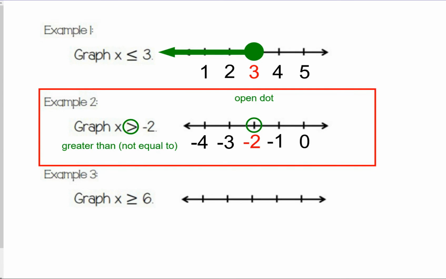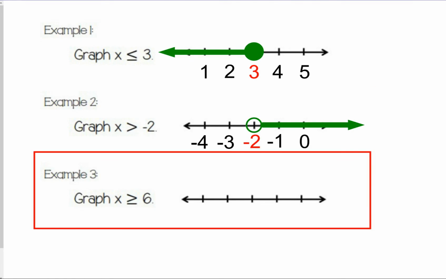Lastly, we decide that it's going to have an arrow to the right because it's a greater than. Again, when it's greater than, all of my values are going to be increasing, which is to the right. So all of my answers, not including -2, or anything greater, which is -1, 0, 1, 2, 3, 4, 5, all the way up to positive infinity. And there's our answer for example 2.